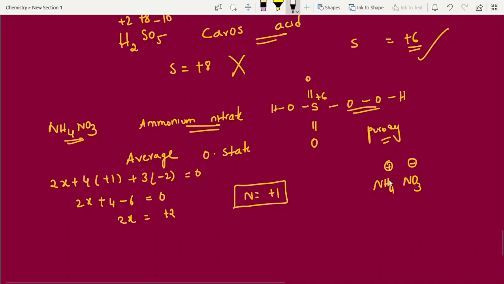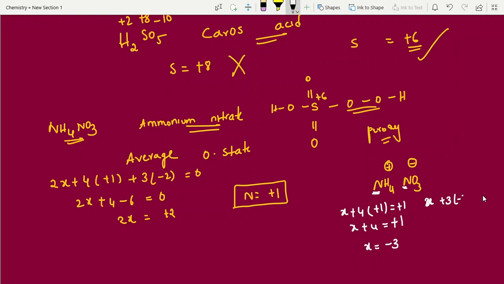X plus 4 into plus 1 equal to the charge, so X equal to minus 3. For NO3 minus, X plus 3 into minus 2 equal to minus 1, then X equal to plus 5. The average oxidation state is minus 3 plus 5 by 2. How much, students? Minus 3 plus 5 is 2, divided by 2 is 1.